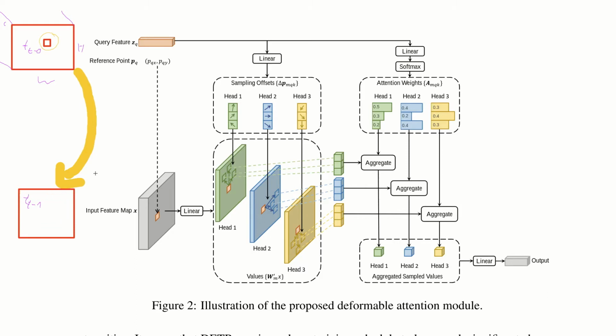So the idea then is to make use of deformable attention. That means we have a fixed number of key points in the feature map that we would like to attend to.